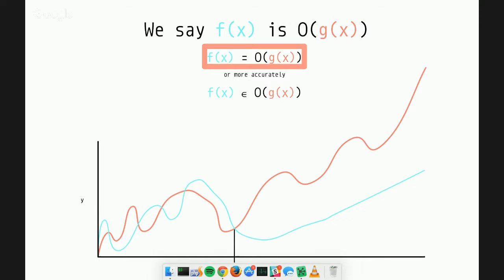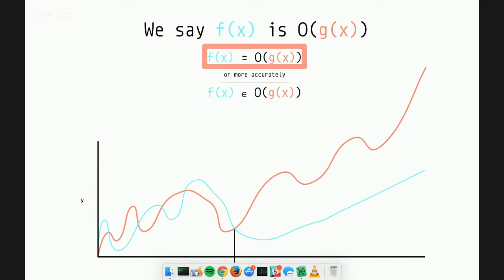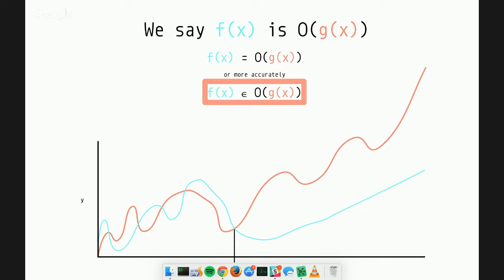F of x is not equal to big O of g of x, but that's often how you'll see it. More accurately, f of x is in the set big O of g of x. That's what this little symbol means. But historically, it's written like this, and it's always bothered me. But just so you know, big O of g of x is a set, and f of x is inside of it.